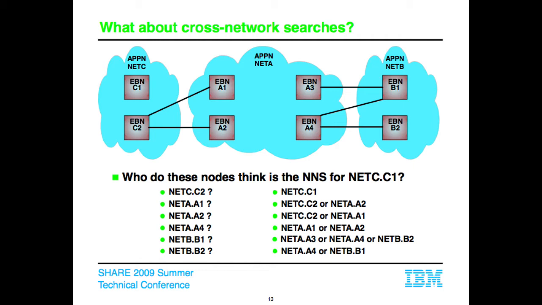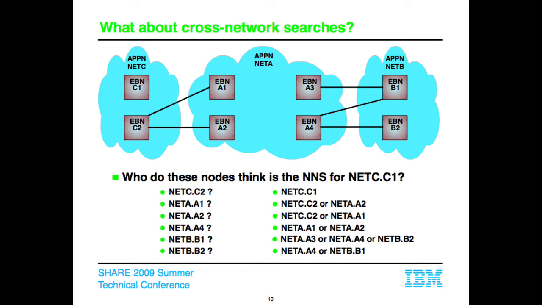Finally, if both of these links into B1 were down, B1 may have to send things down to B2 and have B2 send them across the wall. So from B1's perspective, it would look like B2 was the network node server for all the resources on C1. So the answer to this one is that either A3 or A4 or B2 could look like the network node server for B1, from B1's perspective.